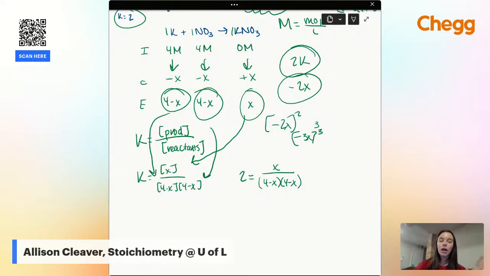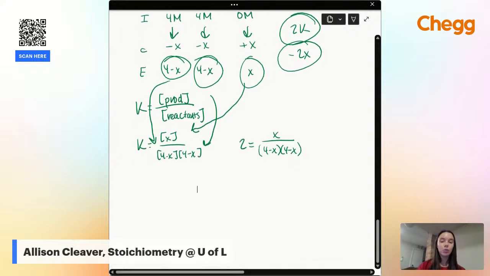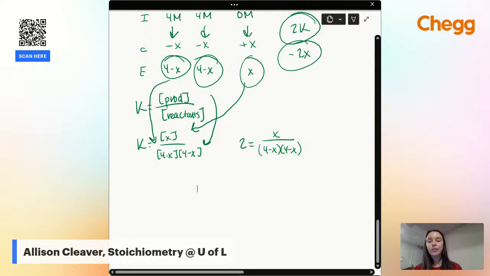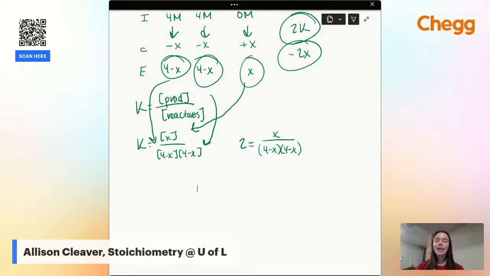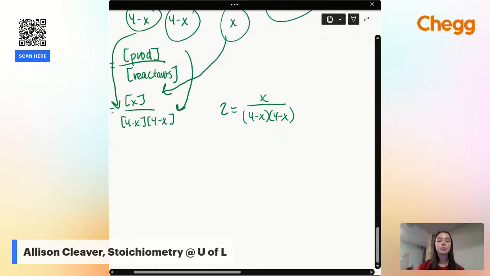That's just a rule of ICE tables and K equations, so it's an important thing to know. It's not really relevant for this problem, but I wanted to point it out in case you had any questions about it or needed any homework help.